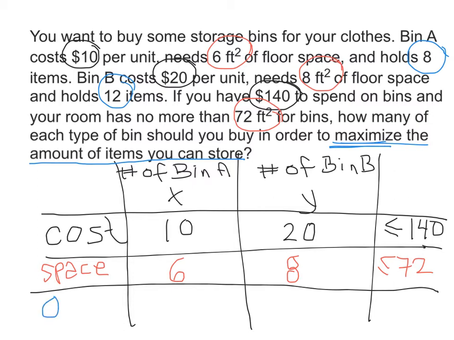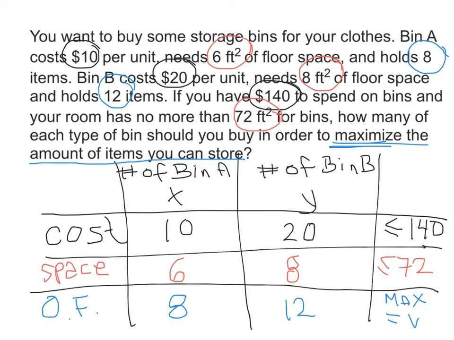That's my objective function that has to do with number of items. So I've got 8 items for bin A, 12 items for bin B, and this is what I'm trying to maximize. For the variable I'm trying to maximize, I always set it equal to some variable. Let's say V for volume.